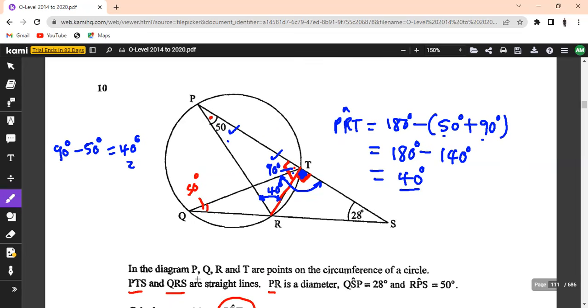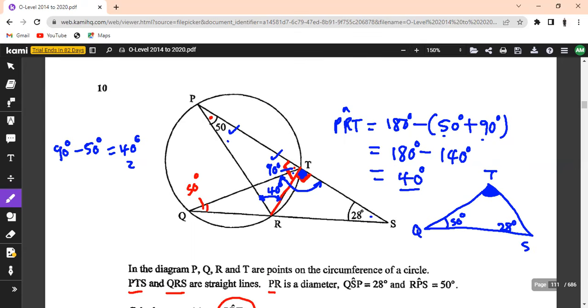Instead of using this 90, we can use the whole of this triangle, with T, Q and S. This angle here is 50 degrees and this angle here is 28 degrees. We need this angle here, which is QTS, the one that has the 90. The 90 is already inside, but we are not focusing on this at this moment. We are calculating the whole of this angle at once.